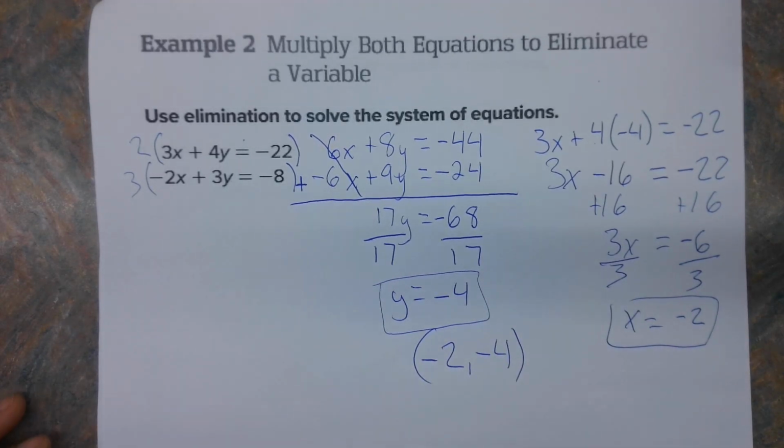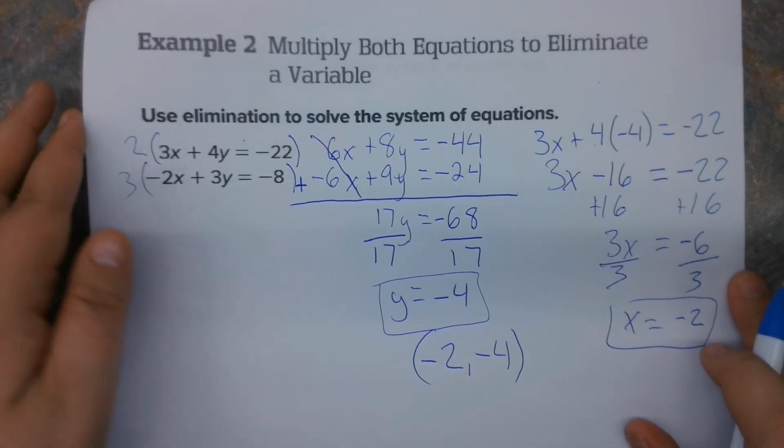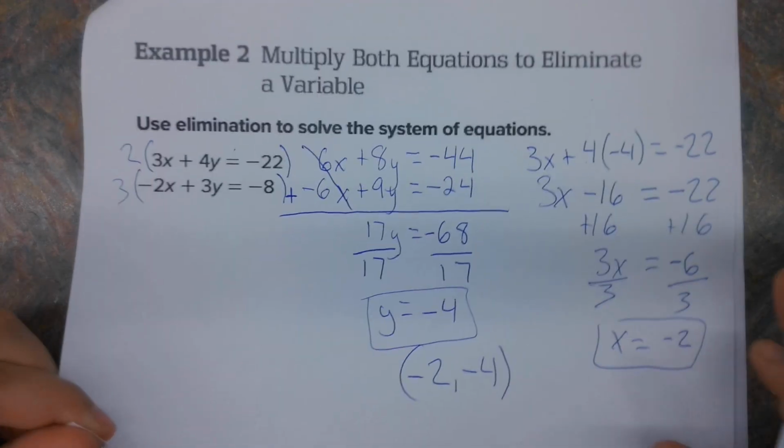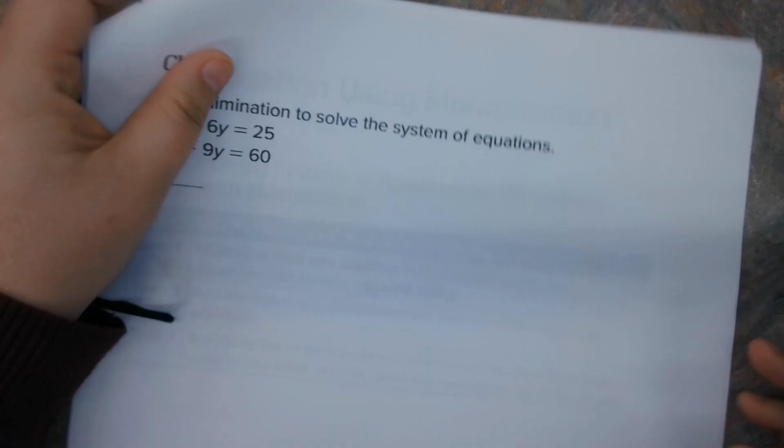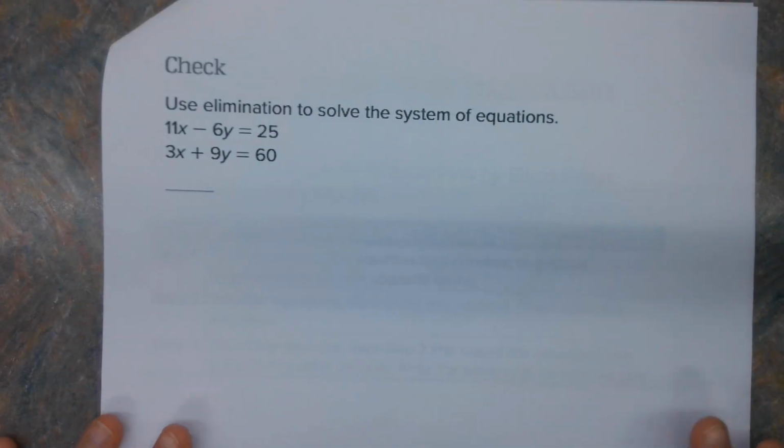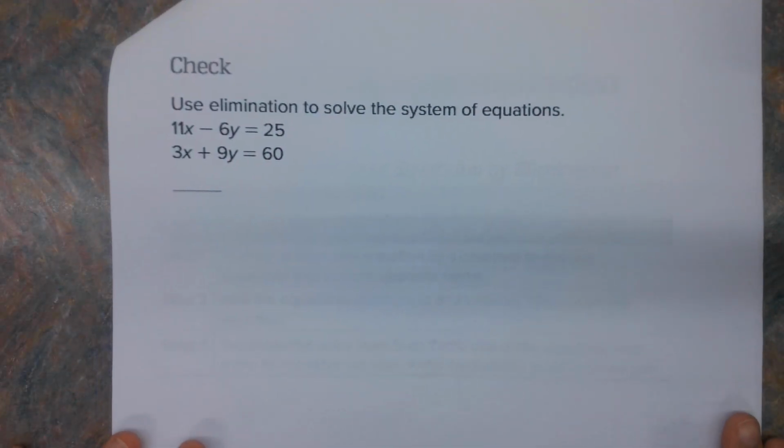There we go. You know what comes next. After example comes a check. So pause the video, look at it, try to figure out which one you want to get to be the same coefficient, opposite signs. Same coefficient, opposite signs.